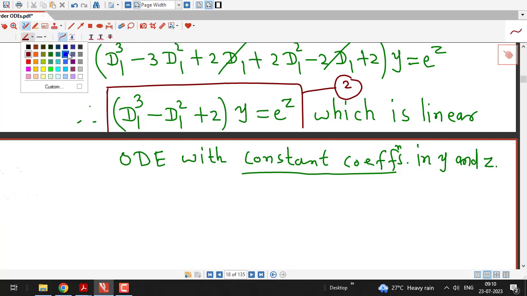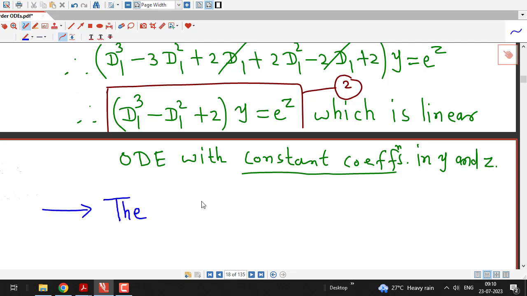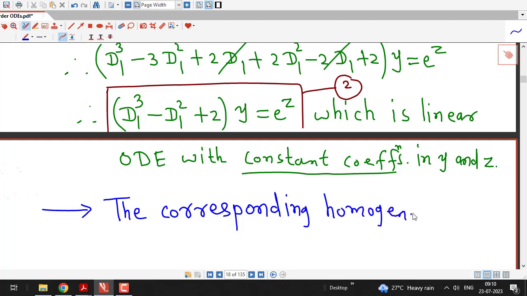So first we have to solve the equation which is homogeneous corresponding to this equation 2. So I am writing the corresponding homogeneous ordinary differential equation to equation number 2.